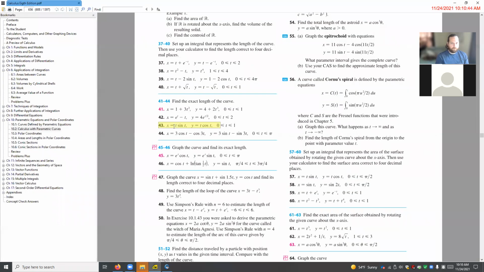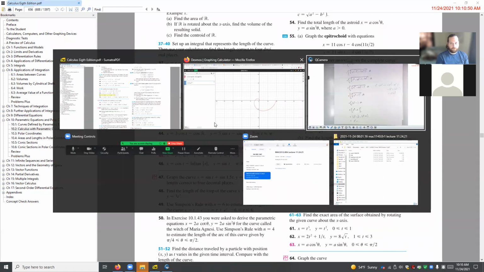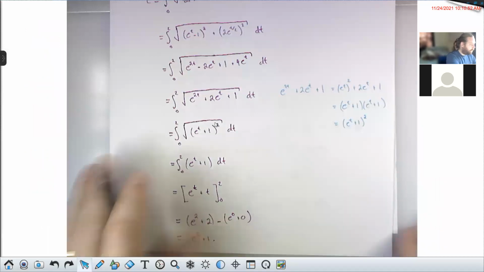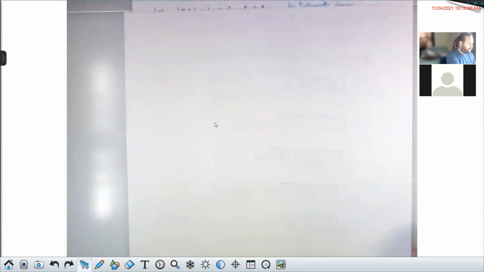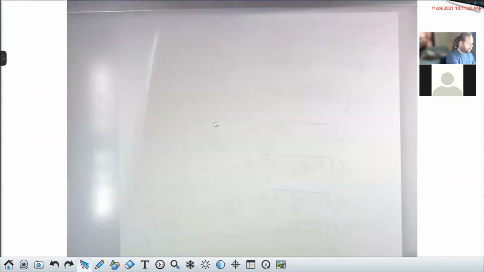So what we want to do is find the exact length of the curve t sine t comma t cos t from t equals 0 to 1. That's the length of that Archimedean spiral, but not much of it, just from 0 to 1, so not a full revolution.